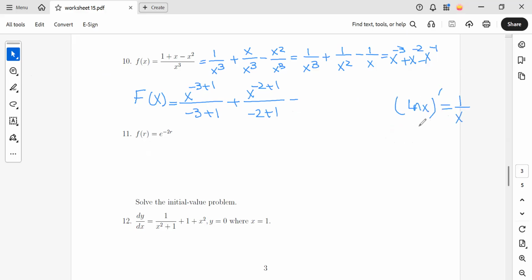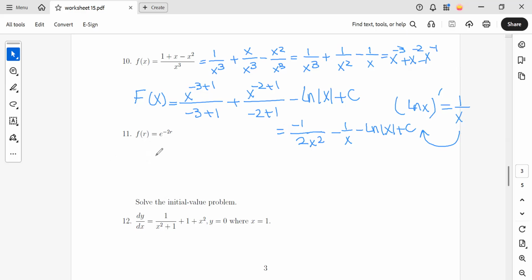Reading this formula from right to left says antiderivative of 1 over x is ln of x. So the last part will be ln of absolute value of x because it shouldn't be negative. And you can rewrite it as negative 1 over 2x squared, negative 1 over x, and negative ln of absolute value of x plus c.